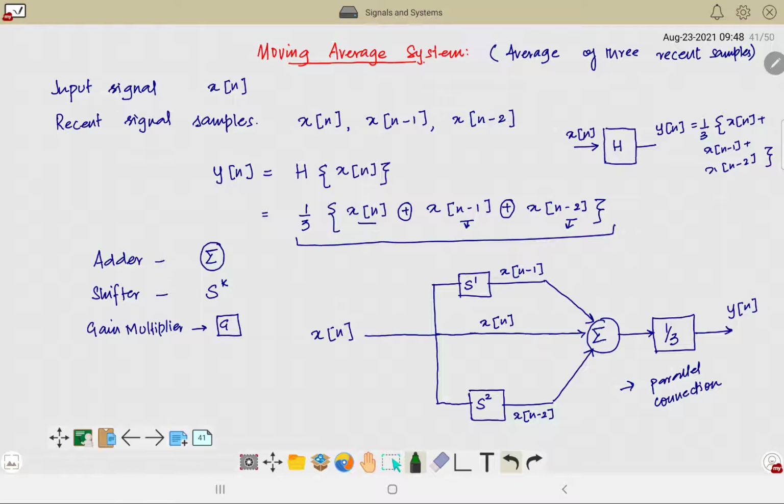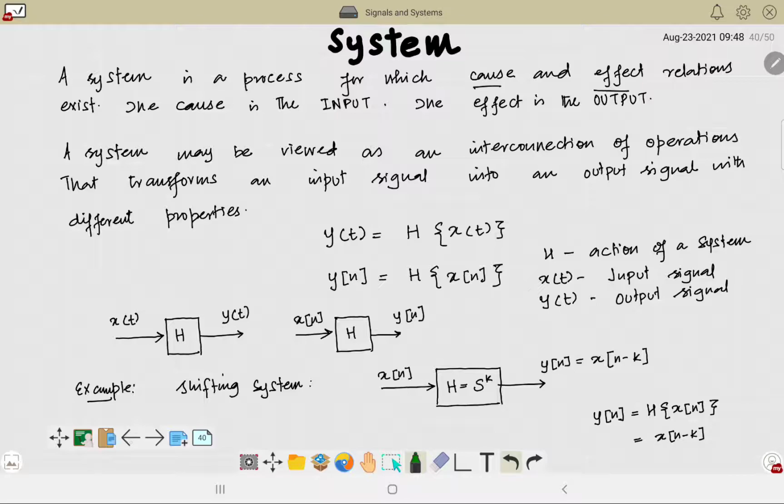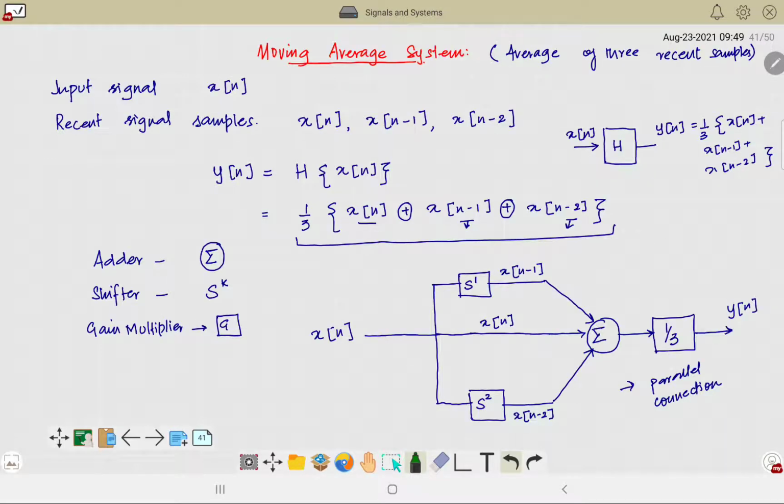Transformation may be simple, like we had a simple shifting system, or it may be a series of operations. That's why I defined it as an interconnection of operations rather than a single operation. Like in this case, it was basically interconnection of 3 operations: shifting, addition, then gain multiplication.